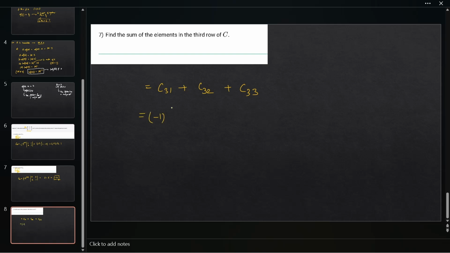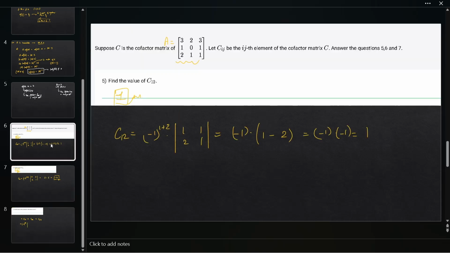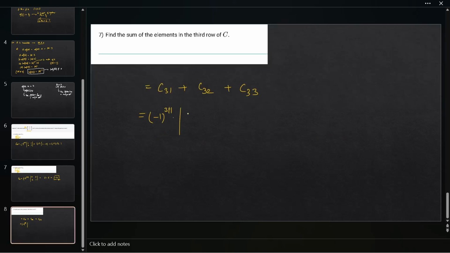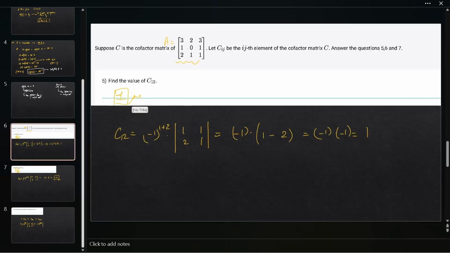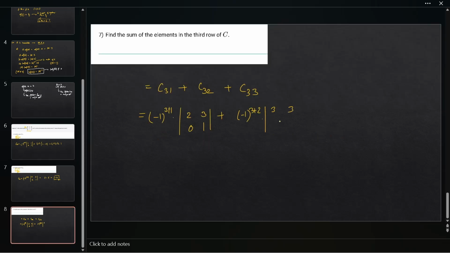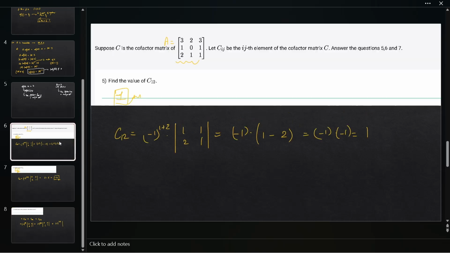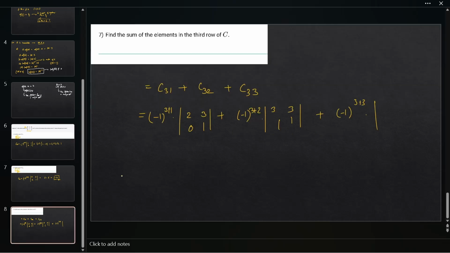So C31 is minus 1 to the power 3 plus 1 times the matrix over here, which is 2301, plus C32 is minus 1 to the power 3 plus 2 times determinant of the matrix 3311, and then I have plus minus 1 to the power 3 plus 3 times the determinant of the matrix 3210.